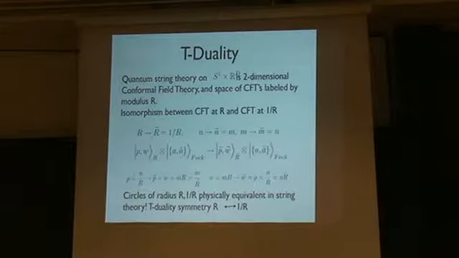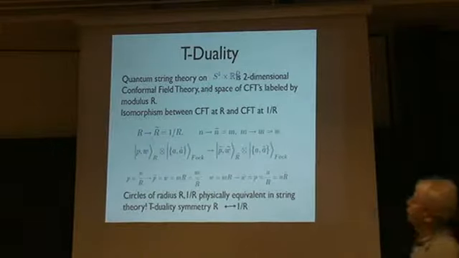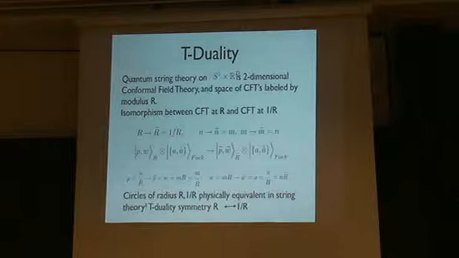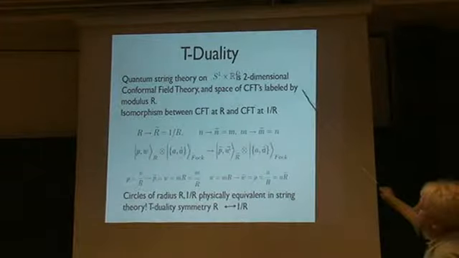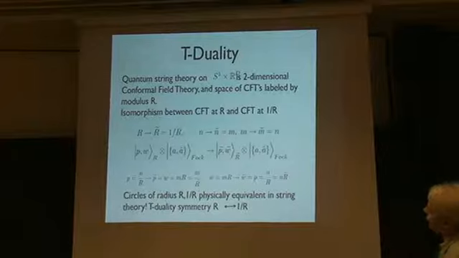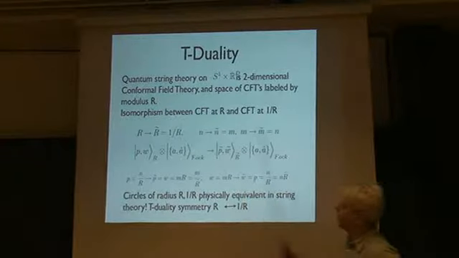So the T-duality is a symmetry of the quantum string theory on the circle cross the Minkowski space. The quantum theory is a two-dimensional conformal field theory, and the space of these conformal field theories is labeled by this quantity R, the radius of the circle, which is the modulus of the theory.